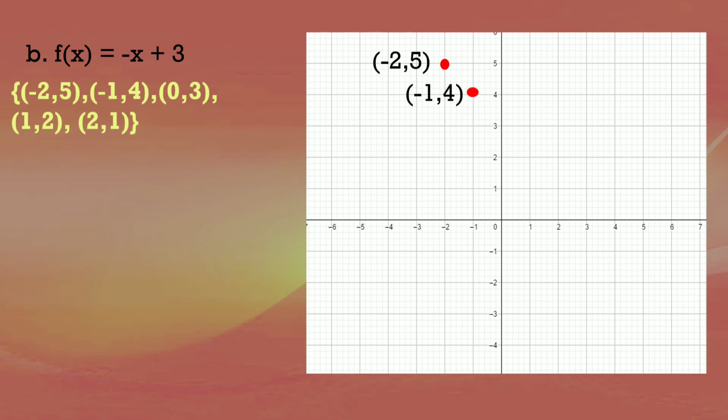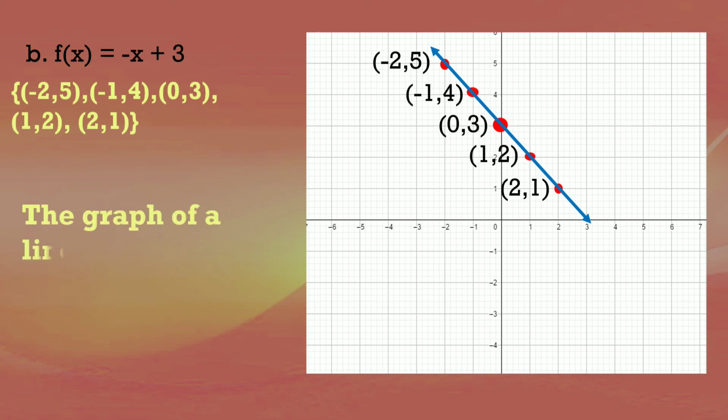Si 0, 3, nasa y-axis. Si 1, 2, nasa quadrant 1. At si 2, 1, nasa quadrant 1. Lagyan natin siya ng line. Ayan. So, ano napansin nyo sa ating graph ni linear function?